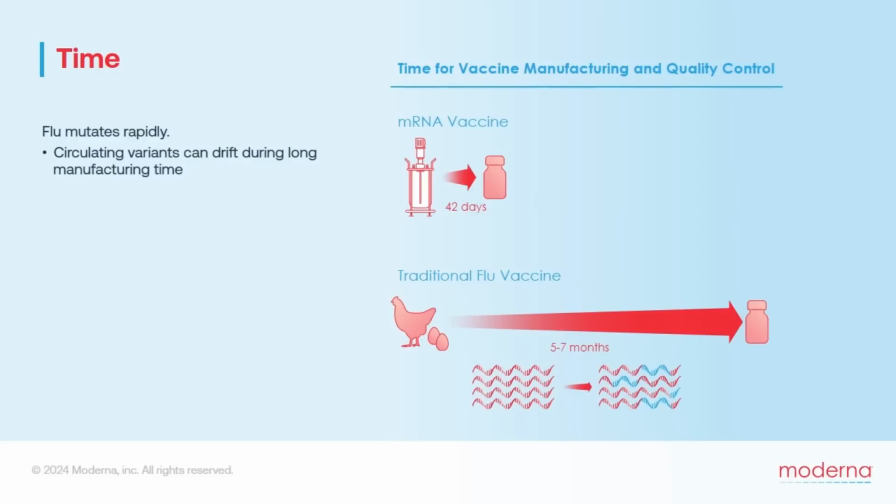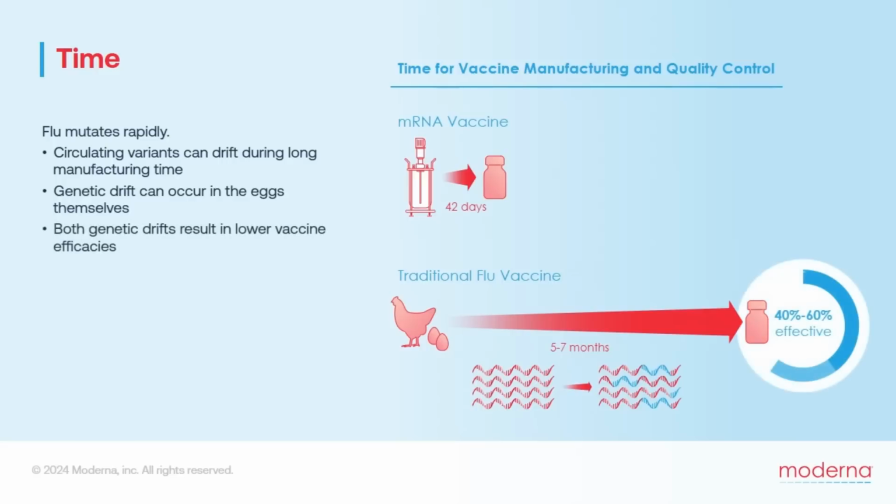Further, because the flu vaccine is made from live viruses grown in eggs, there can also be genetic drift happening in the eggs themselves. These twin drifts contribute to lower vaccine efficacy. Dependent on the year, current flu vaccines vary from 60 to just under 40%. In comparison, there's no possibility of genetic drift in the mRNA vaccine manufacturing process.